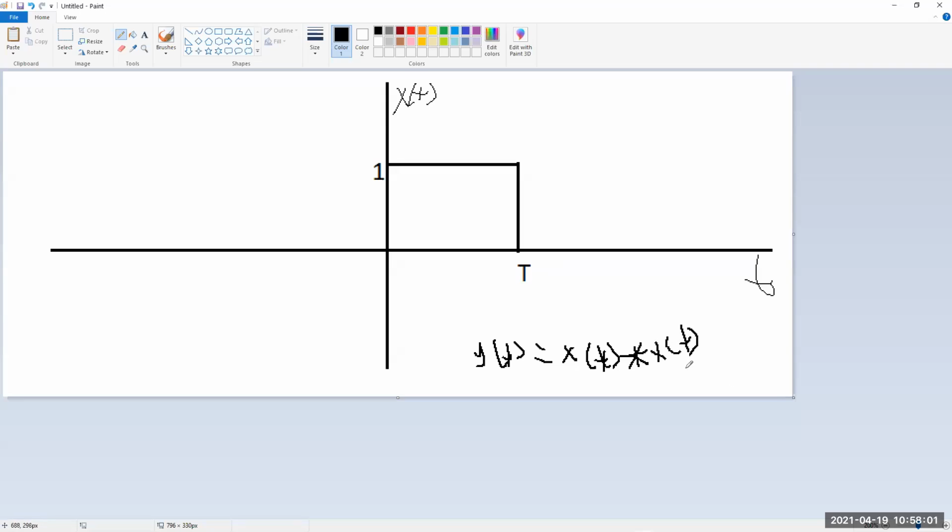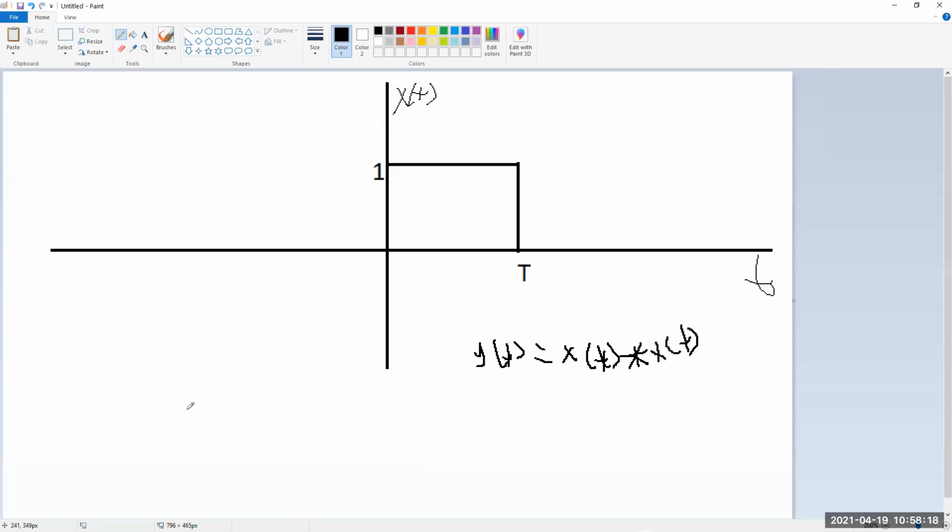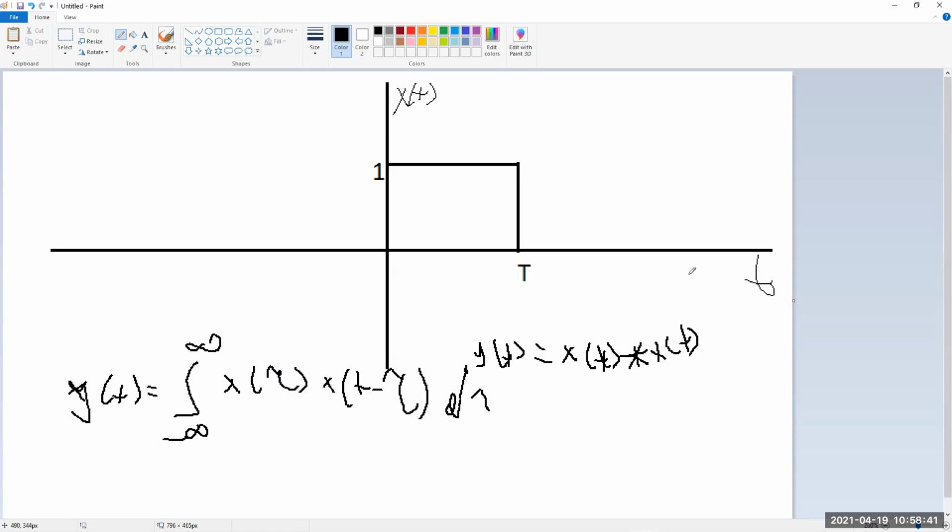And in this question, we were asked to find the convolution of x(t) with itself. And to do so, as you know, we got the equation y(t) equals the integral of x(tau) x(t minus tau) d tau.